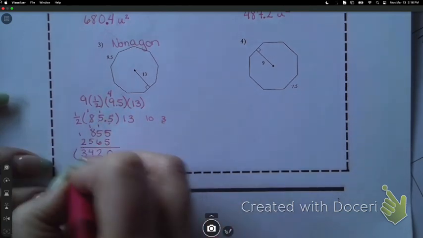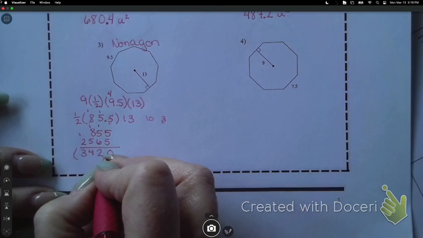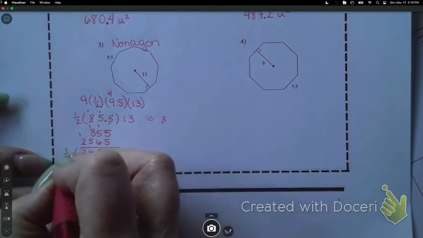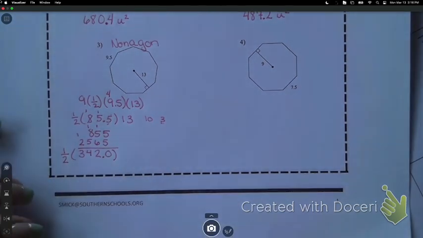So I get 342.0. So is that out of there now? Mm-hmm. And what happened? This one disappeared. We did not get that number last time. Did we do it wrong?